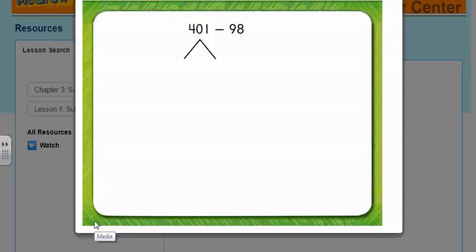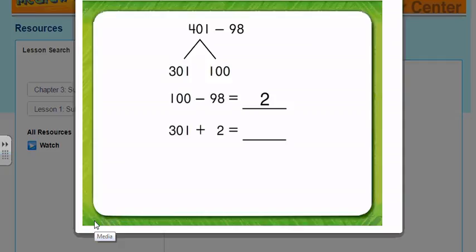This time, we have a number in the ones place, the 1. 401 breaks down to 301 and 100. 100 minus 98 equals 2. 301 plus 2 equals 303. So, 401 minus 98 equals 303.